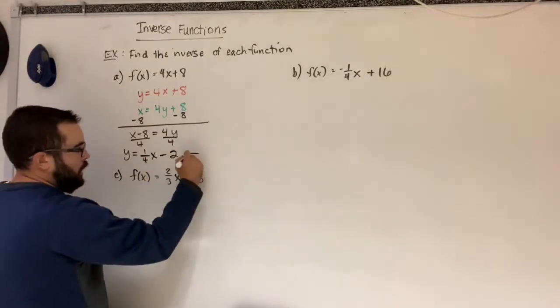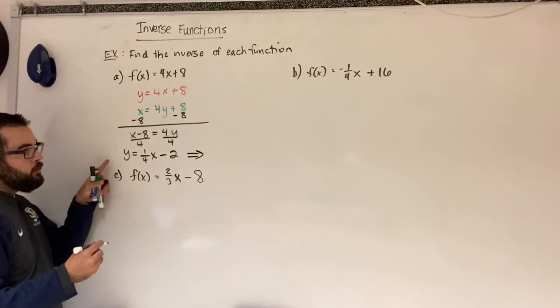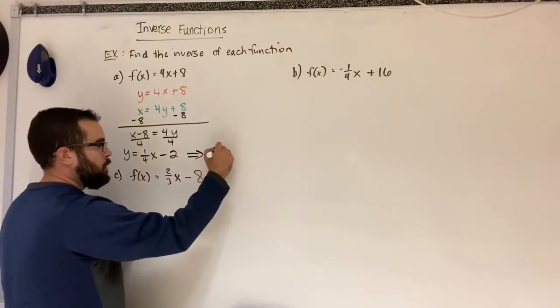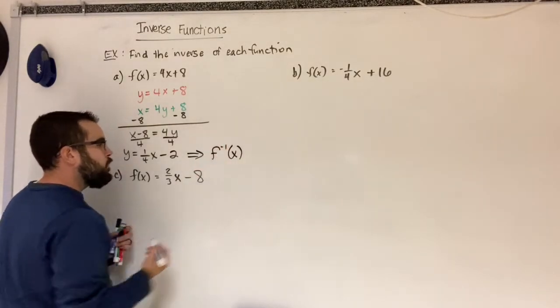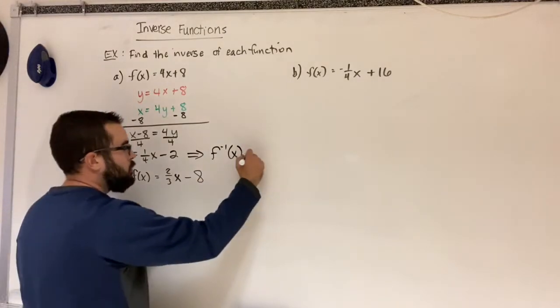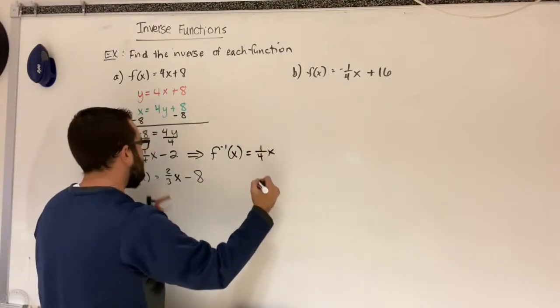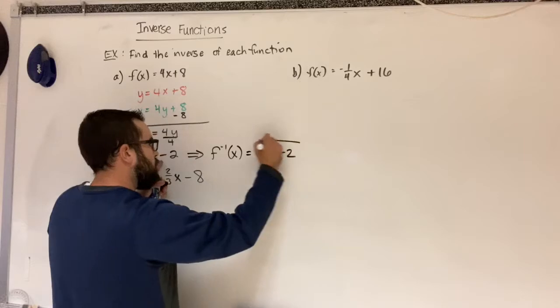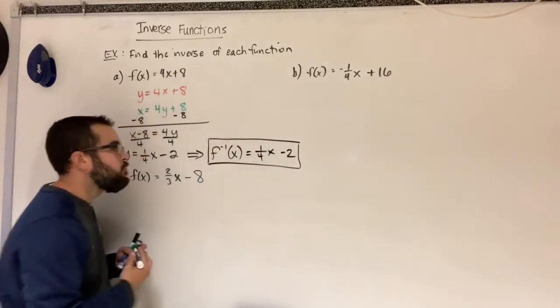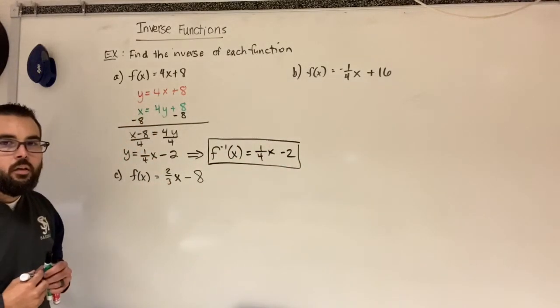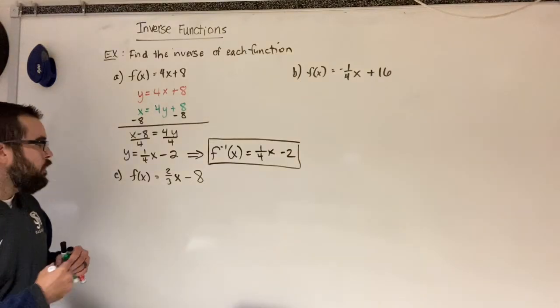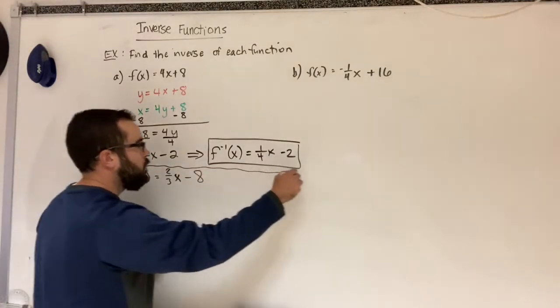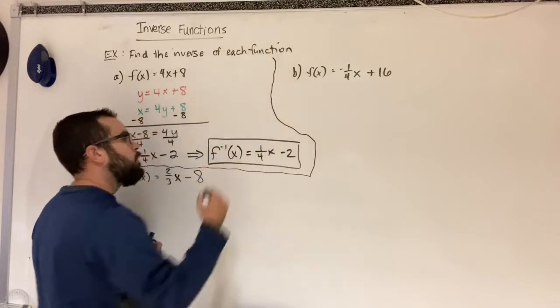And then I'm going to write it in inverse notation. So the inverse of f is equal to 1/4 x minus 2. Okay, and that problem is done.